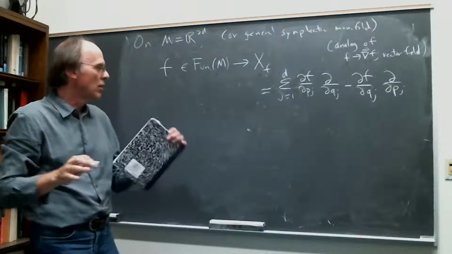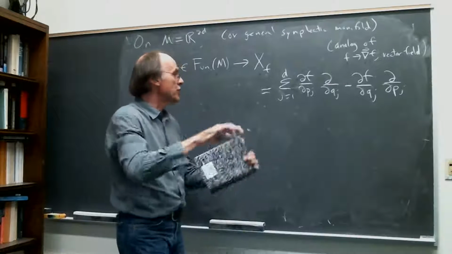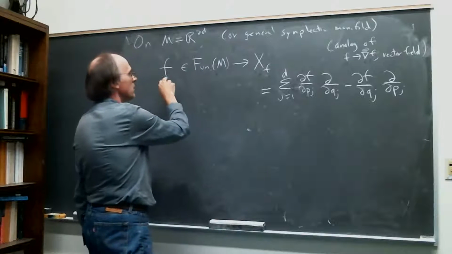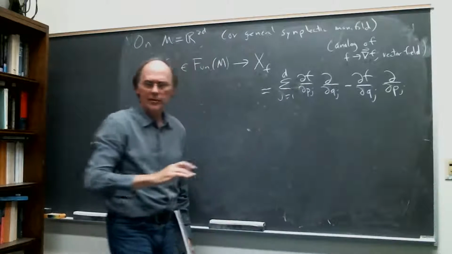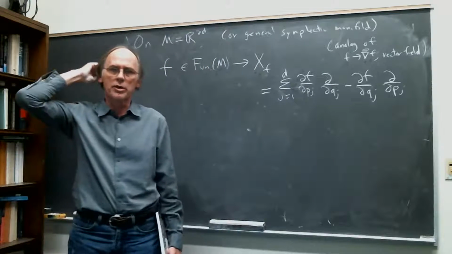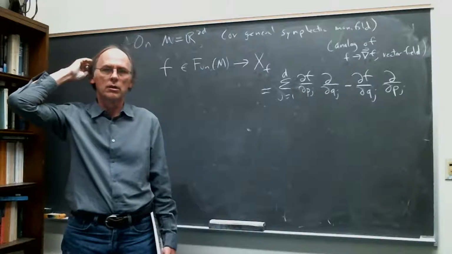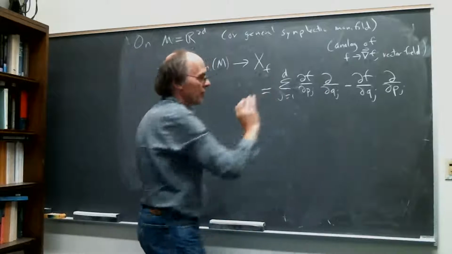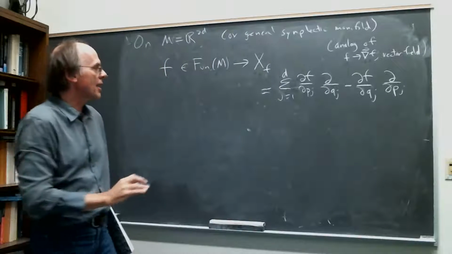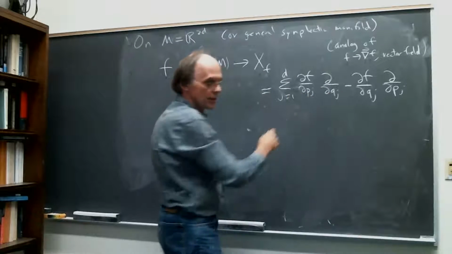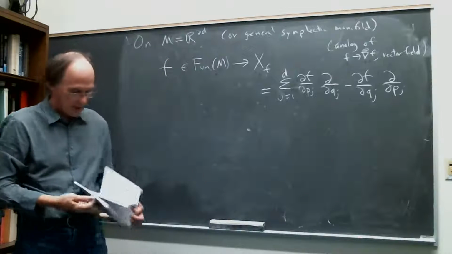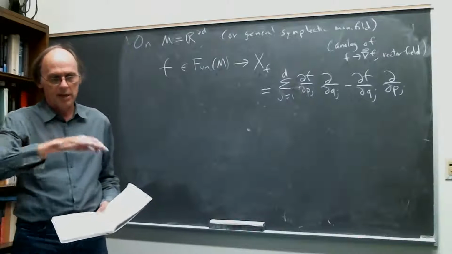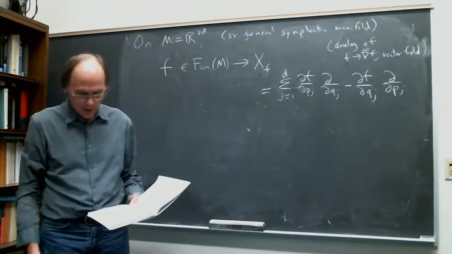If you change your coordinate charts, this behaves as a vector field under coordinate changes. That's all. And so this makes perfectly good sense on a general manifold. I've written it out with respect to coordinates, but it behaves nicely when you change charts on a manifold.